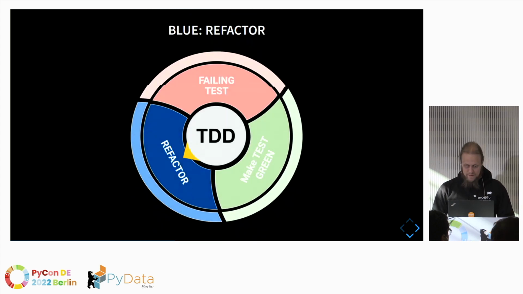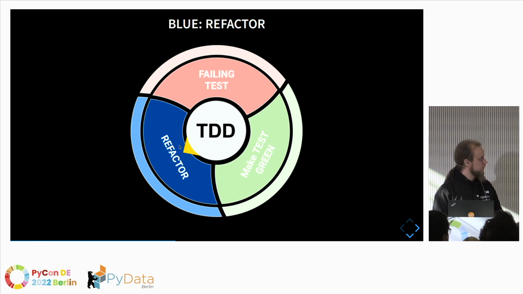And the last part is refactoring. The test might be minimal and it might even be bad code, and the green part might be bad code because we are writing the minimal stuff possible to make it work. We need some kind of buffer to make it work beautifully. Especially with Python, we want to make it Pythonic and readable.